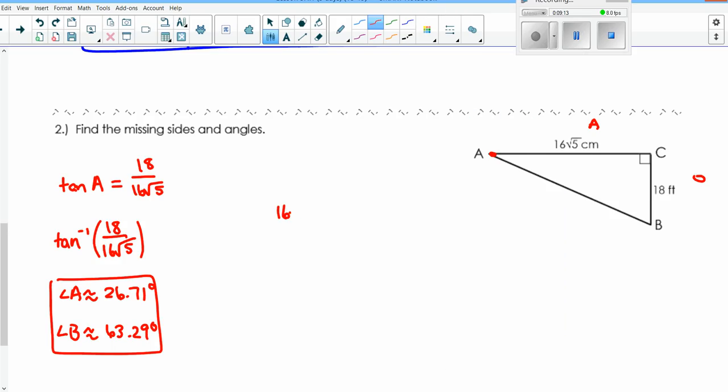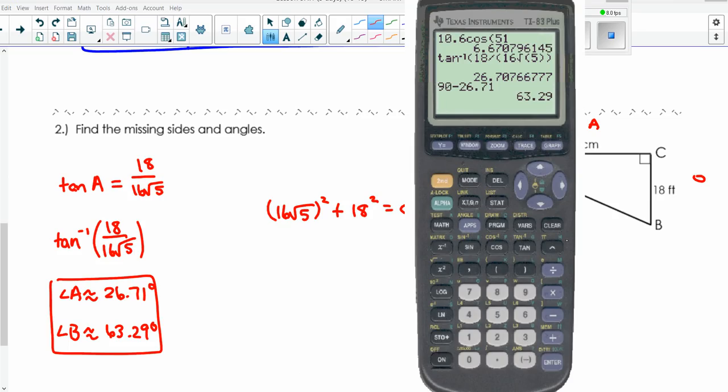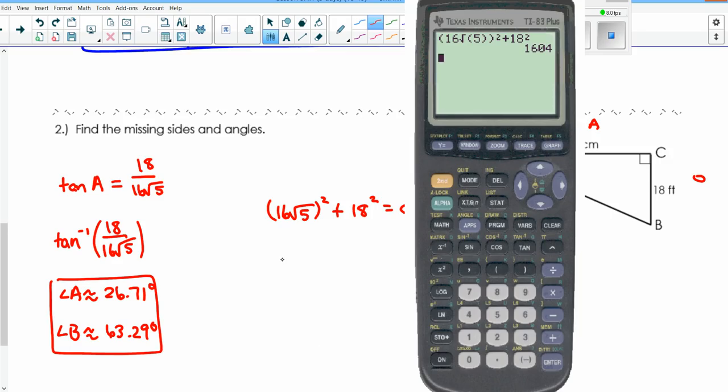So let's see, we have 16 root 5. The whole thing is squared, plus my other leg squared, equals c squared. Okay, so 16 square root of 5, this whole thing squared. Just be careful with your parentheses. Plus 18 squared.